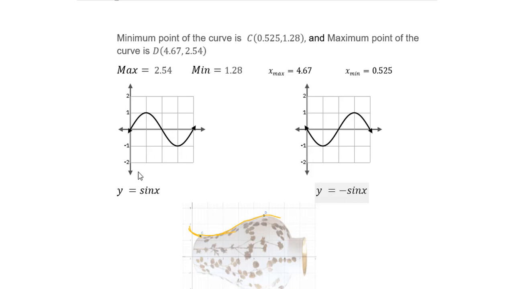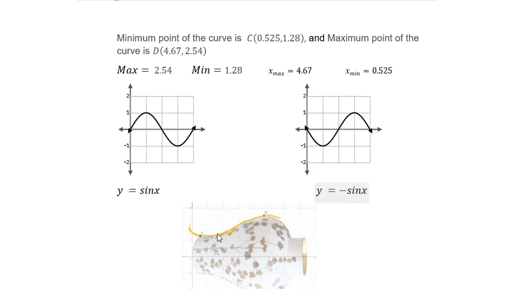As we know, y equals sine x is this pattern. We will get the maximum first, then go to minimum. But for y equals negative sine x, we will get the minimum first, then go to maximum. Look at this curve.